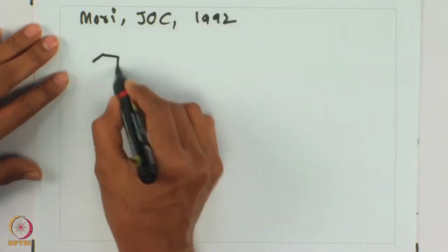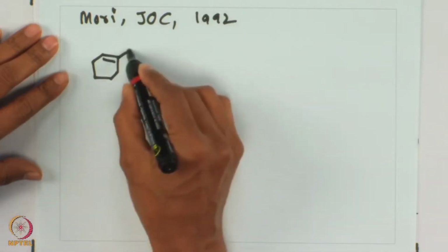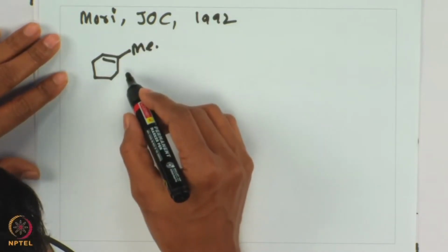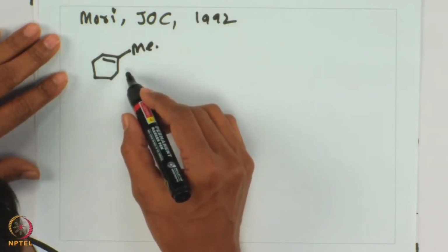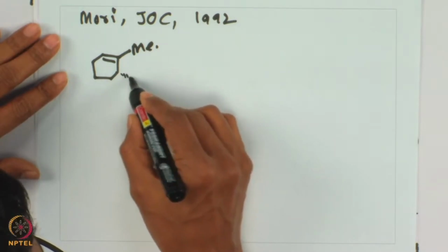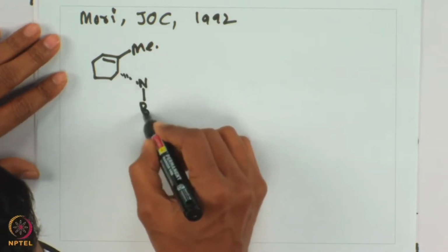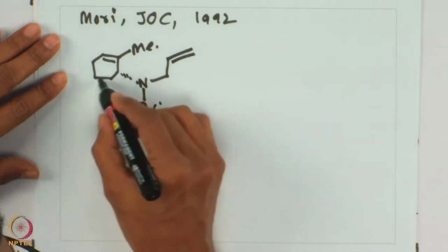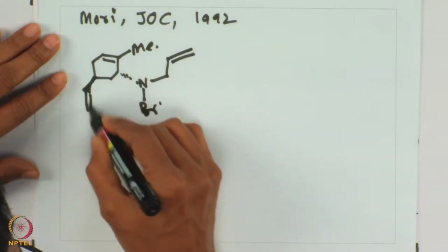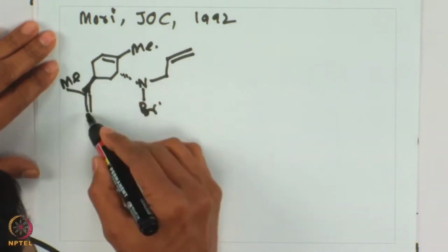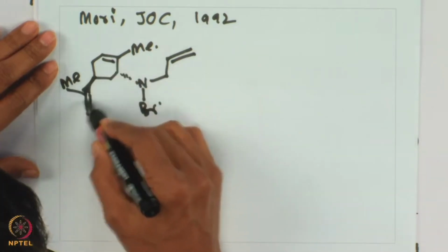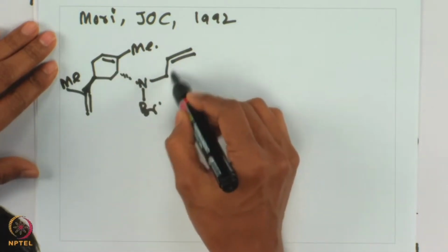The substrate that we have in hand is the one where we have a terminal alkyne, one less substituted, another more substituted, and another internal alkyne as you see in here. We have this substrate, we have a terminal olefin and an internal olefin, but this is disubstituted, this is monosubstituted.